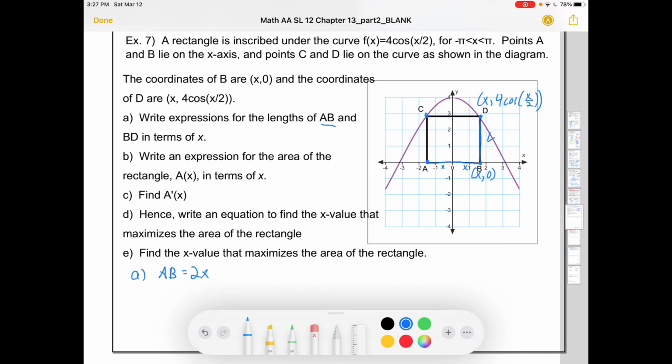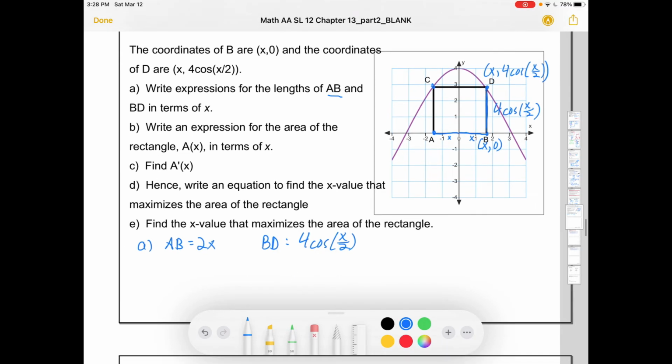And it's just the height. So it would be the y value of the point D. So BD is going to be 4 cos of x over 2. Write an expression for the area in terms of x. Well, the area is just length times width.